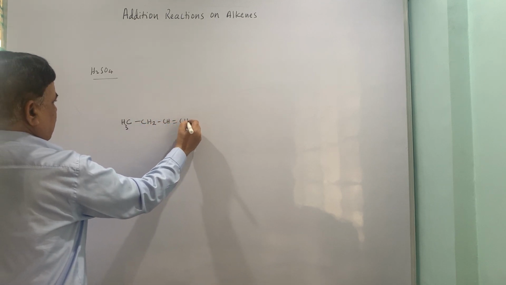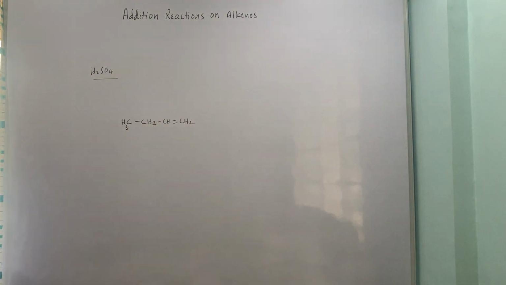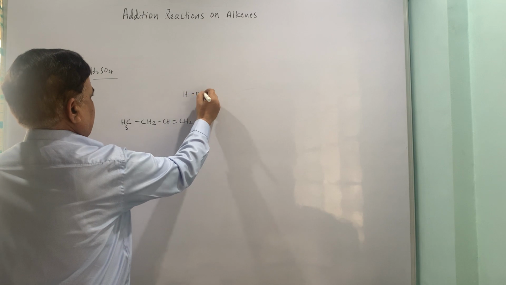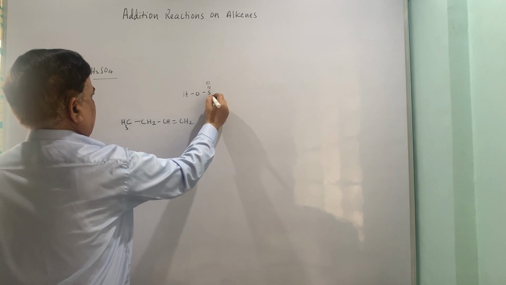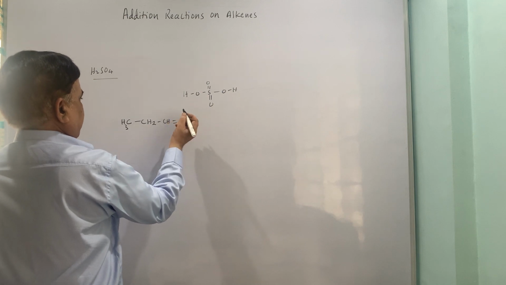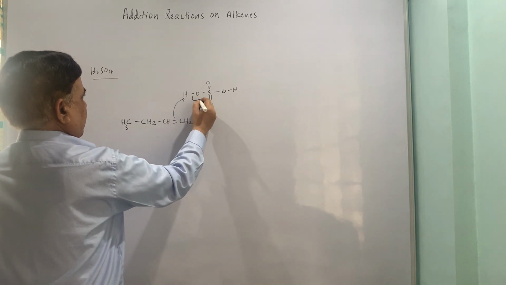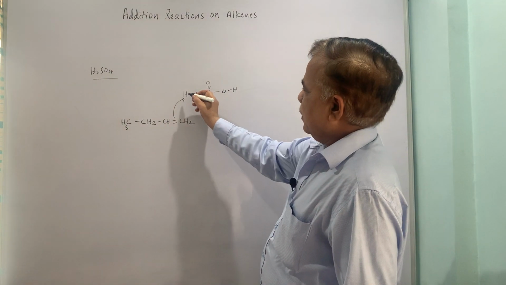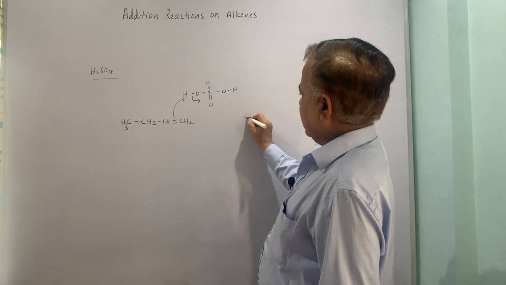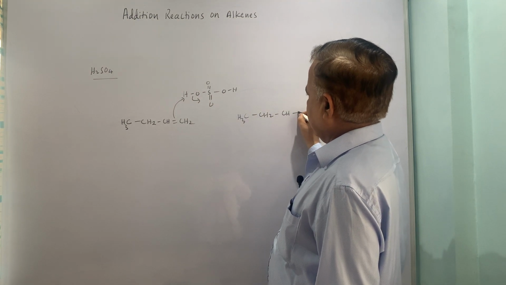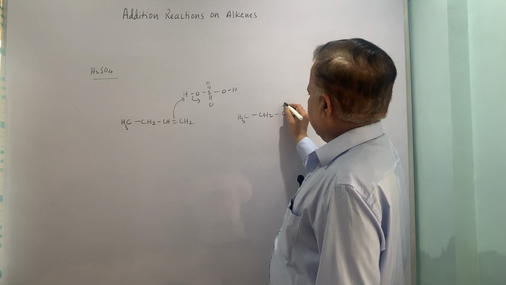So let us start with this alkene, that is 1-butene, and H2SO4, as you are aware, has got a proton which is necessarily acidic, and then you will have the secondary carbonium ion.